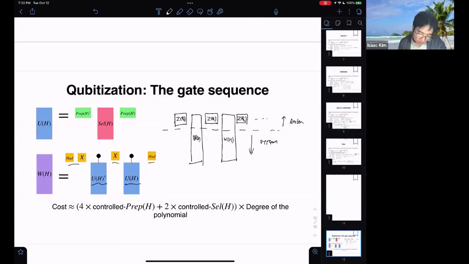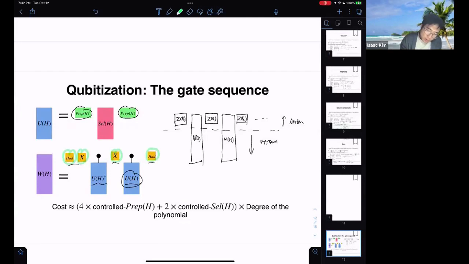And if you look into U of H, then internally you see these things, such as prepare of H and select of H, at least if your goal is to do Hamiltonian simulation. And in all these things, remember that these Hadamard and X gates are very cheap operations, so they don't really add too much to the overall cost.